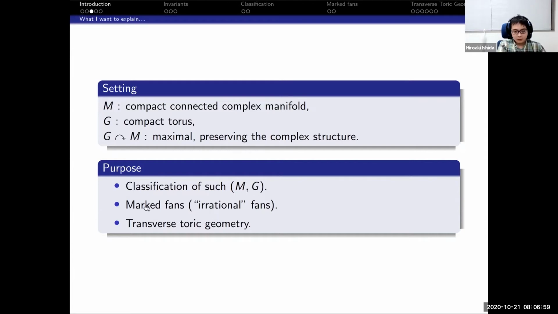Next, I would like to introduce the Magdafan, which is an irrational fan with certain information. And finally, I would like to explain transverse toric geometry. So this is the punchline of this talk.